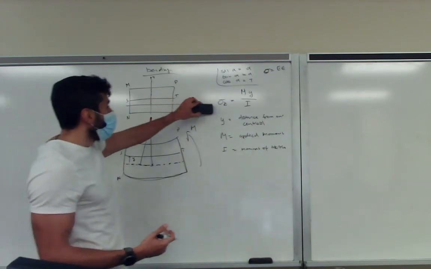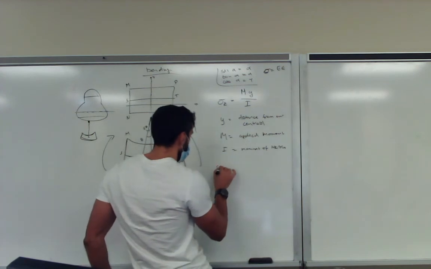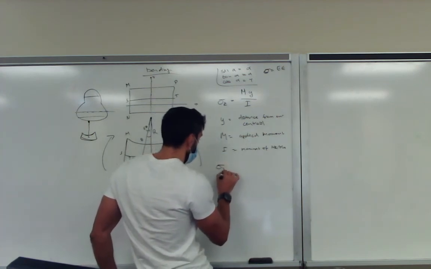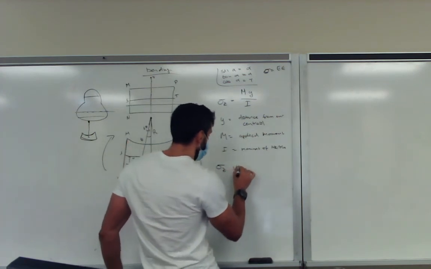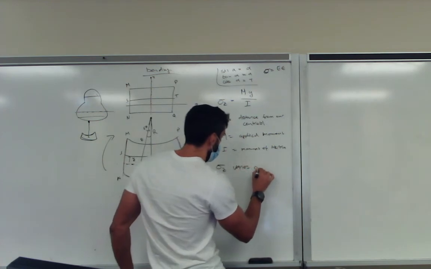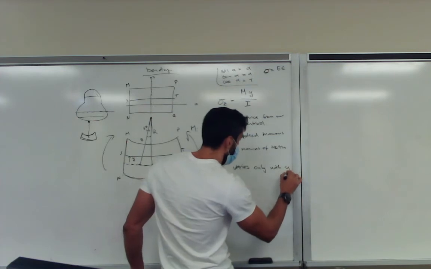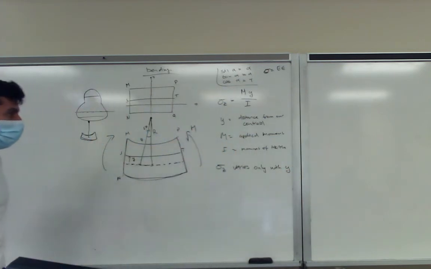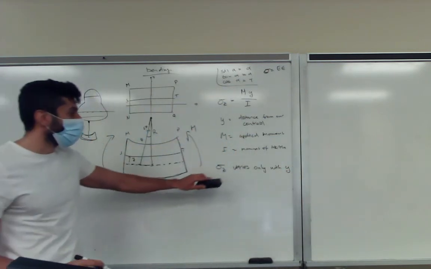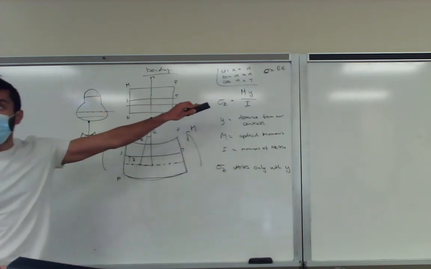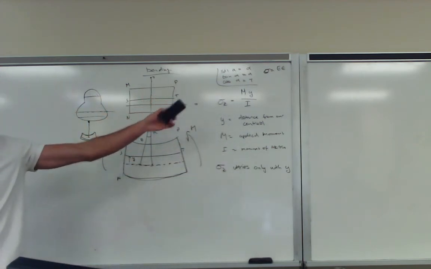So what we can say here is that our direct stresses, sigma z, vary only with y. And we also know that this variation with y is linear, since we have a single y in it.